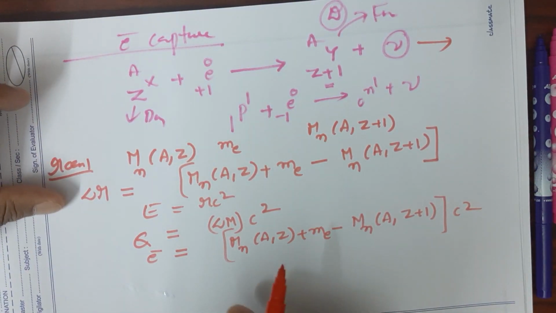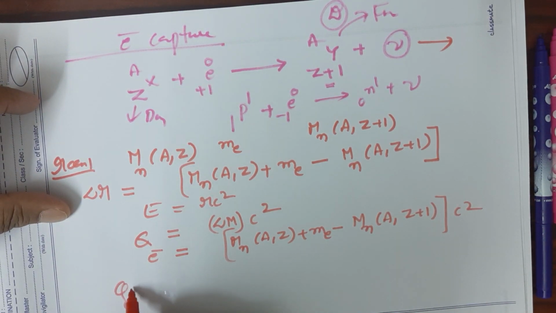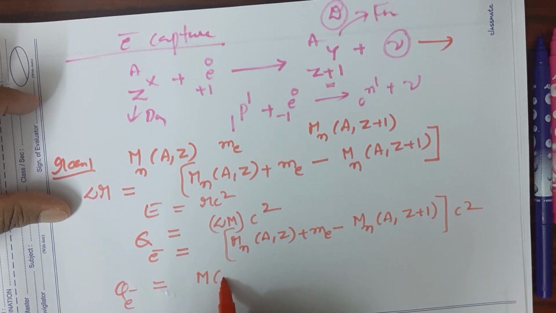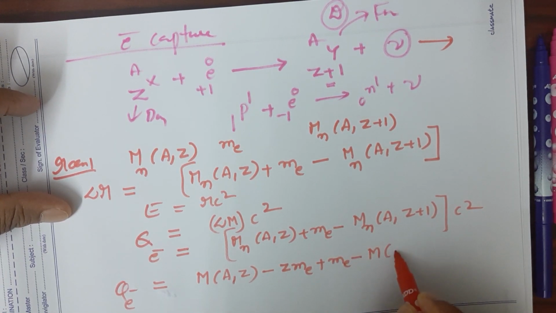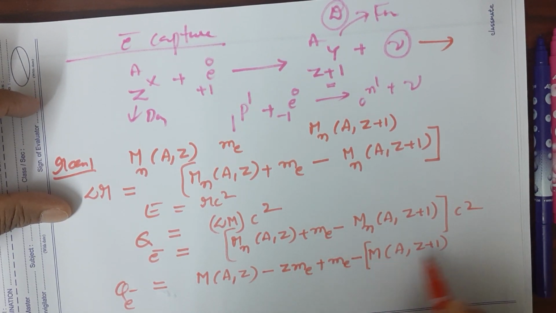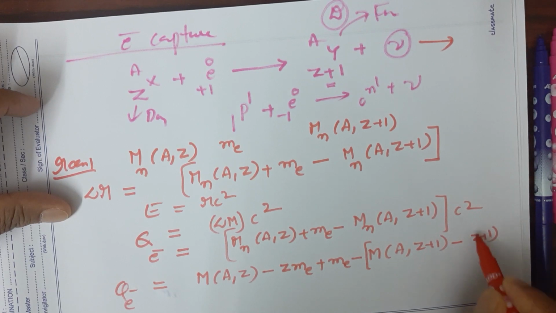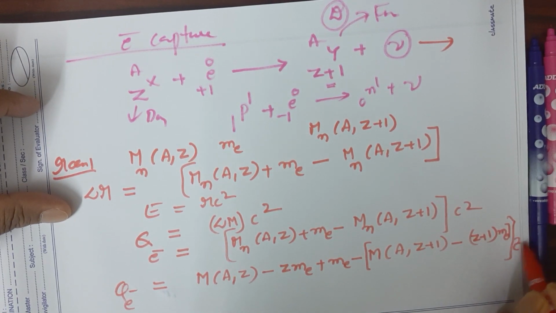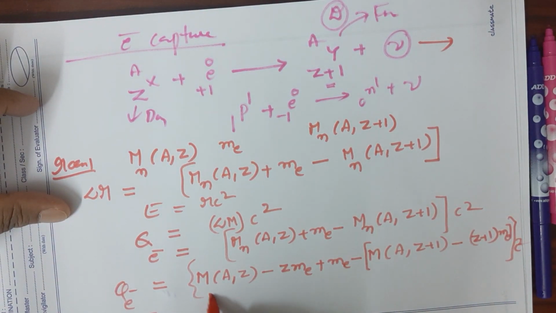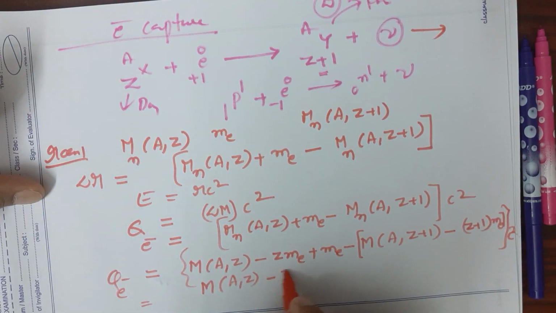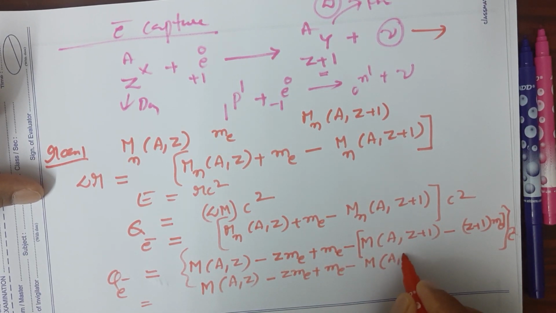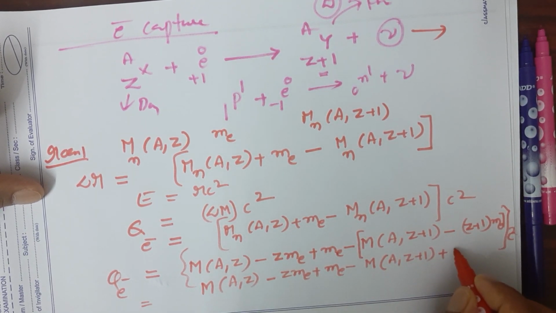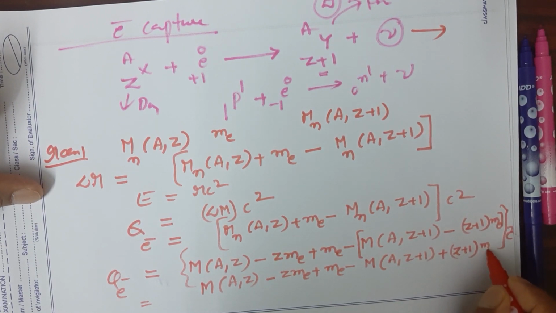Again, writing this in terms of atomic masses, QE equals M of AZ minus the electron mass that should be subtracted, that is Z into Me, plus Me, minus M of AZ plus 1 minus Z plus 1 electrons mass, Z plus 1 into Me, into c square.